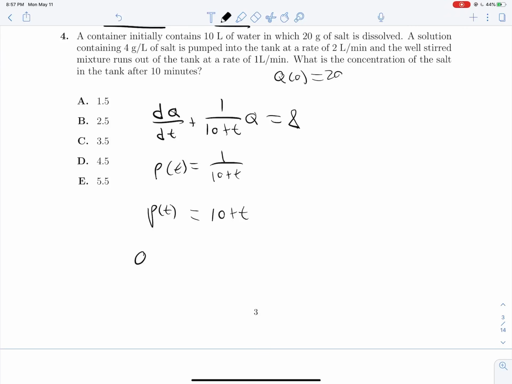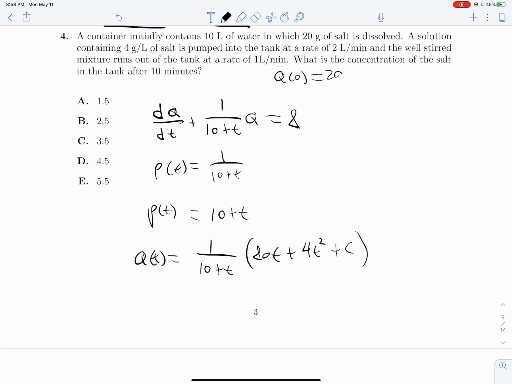And so we can say that Q as a function of t is equal to 1 over rho of t times the integral of rho of t multiplied by Q of t, which is just this 8 here. So we get the integral of 80 plus 8t dt. This becomes 80t plus 4t squared plus c.